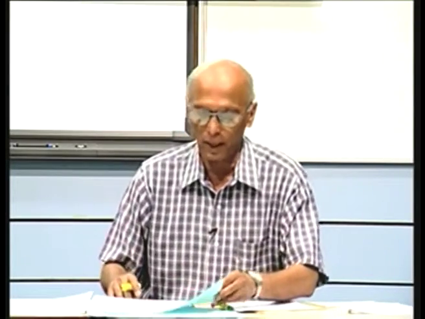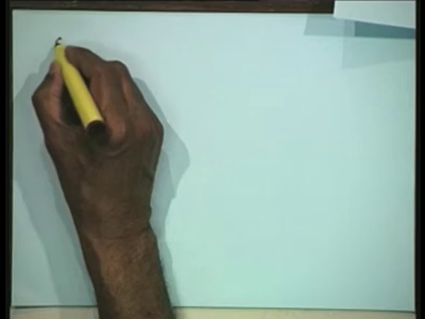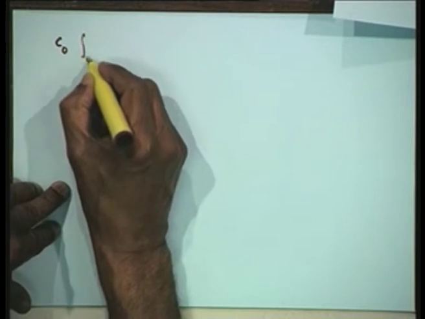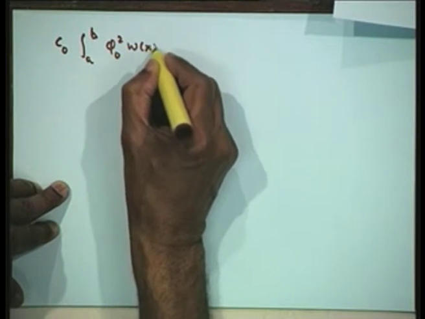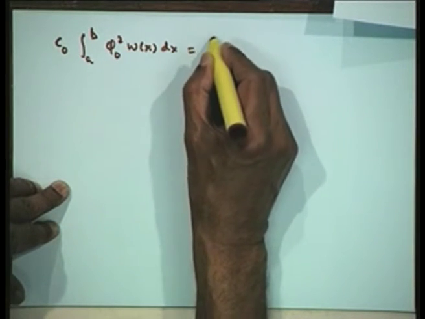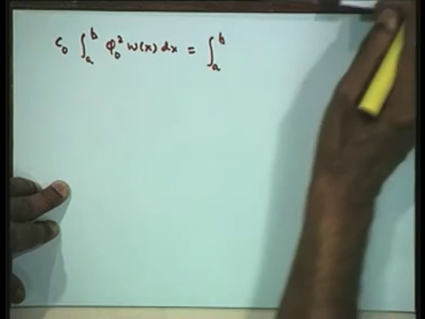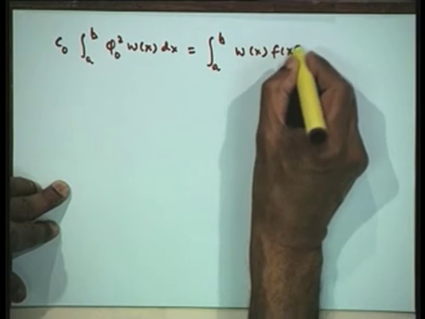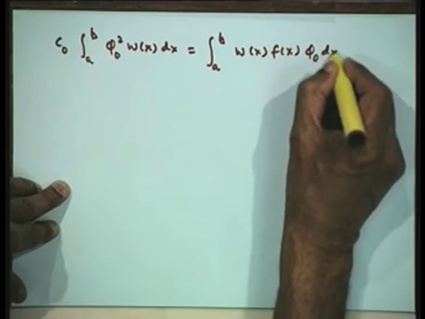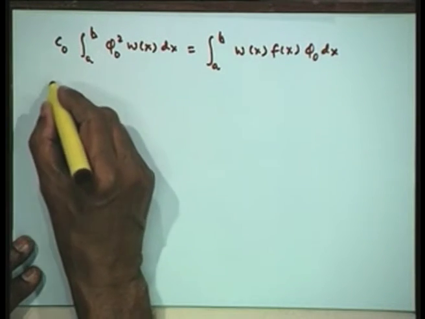What I would therefore have here is C 0 times the integral from a to b of phi 0 square w x dx is equal to the right hand side, the integral from a to b of w x f x phi 0 dx, and so on.